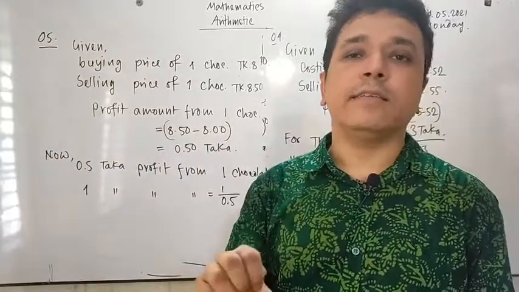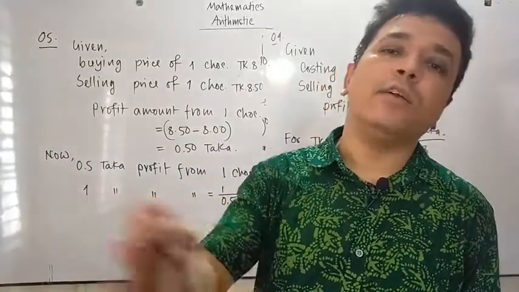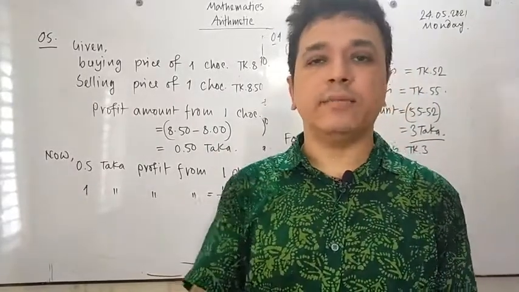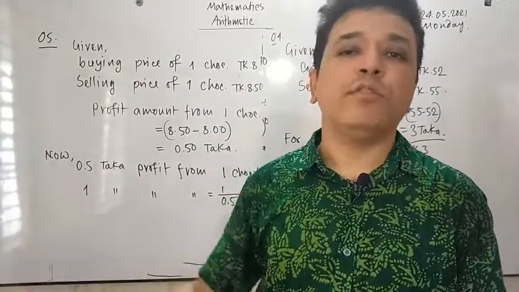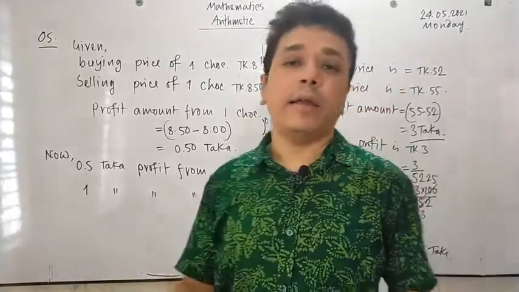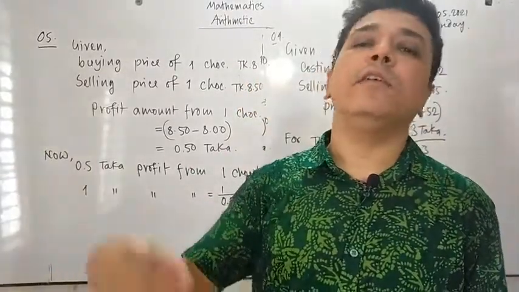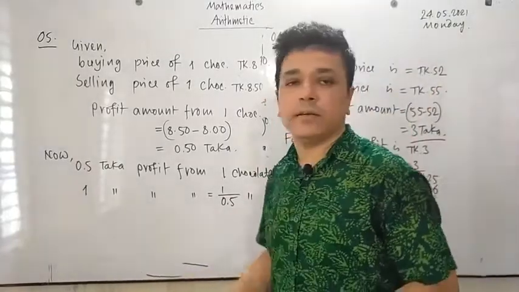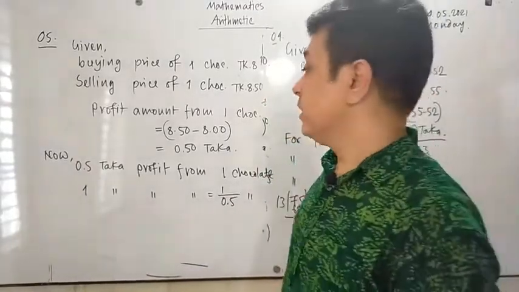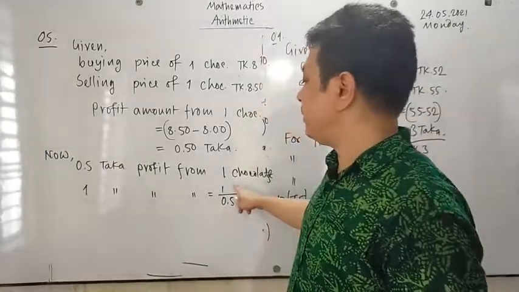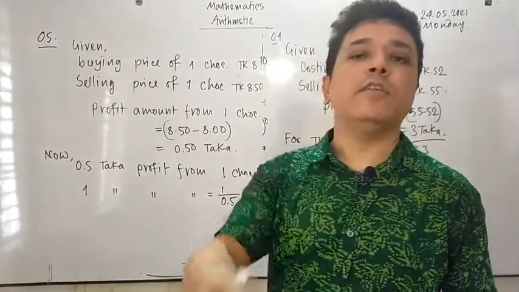But if you multiply by a decimal number less than 1, the result will be smaller. And if you divide any number by a decimal number, the result will be bigger. That is why I have divided here. Do you understand the condition? For example, if you divide 1 by 0.5, the result will be 2.